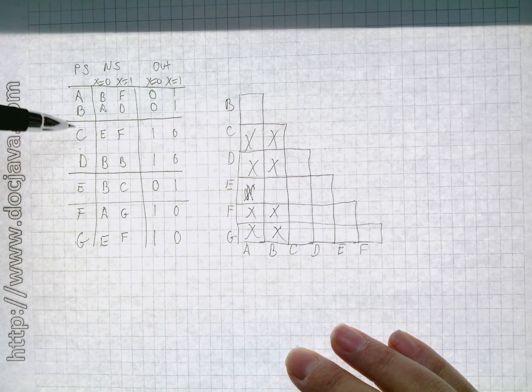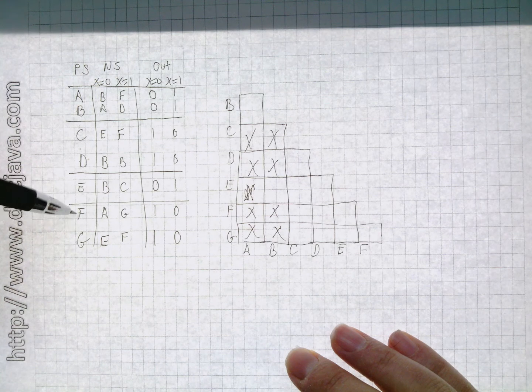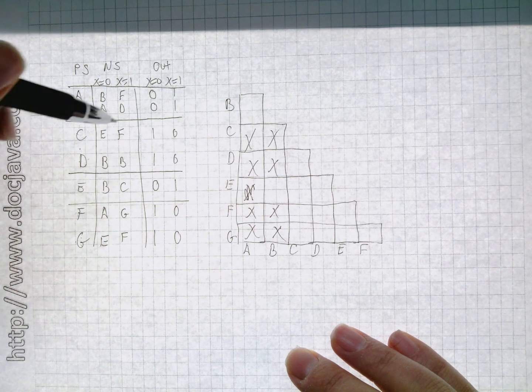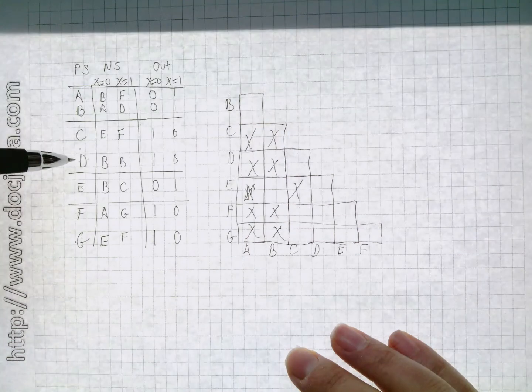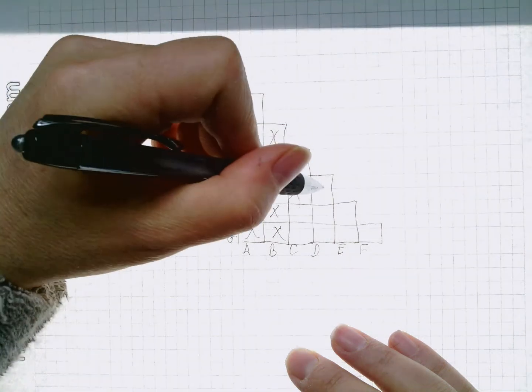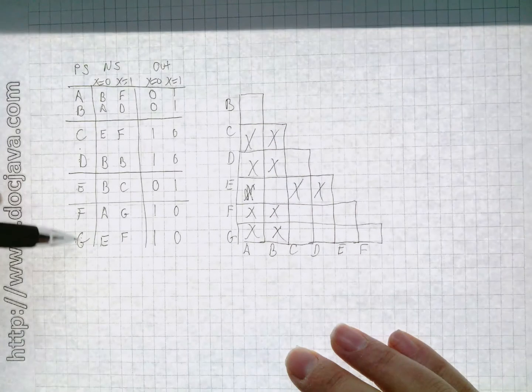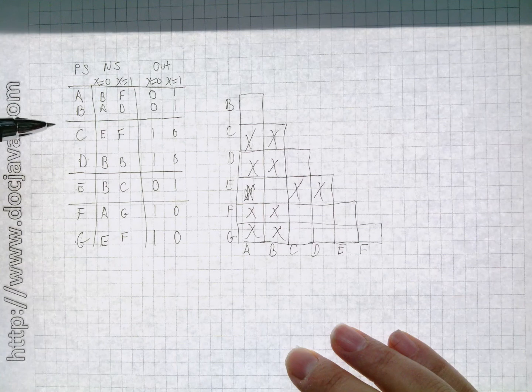Then we have C is different from E, but it might be equivalent to F and G. D is different from E. F and G might be the same. So we have some trivial reductions in here.